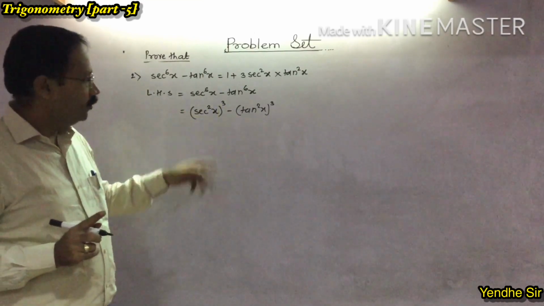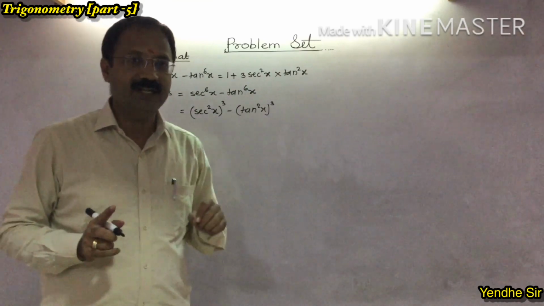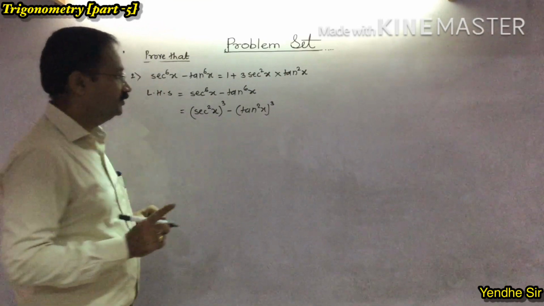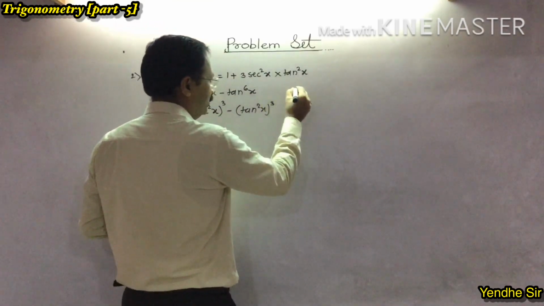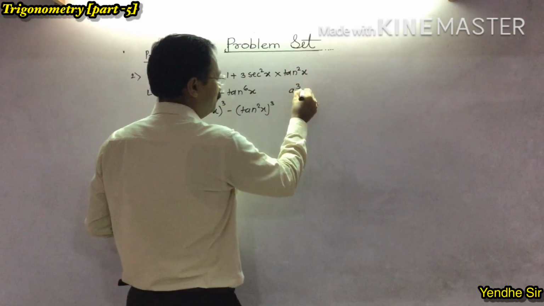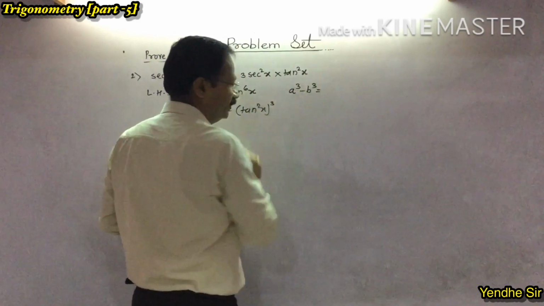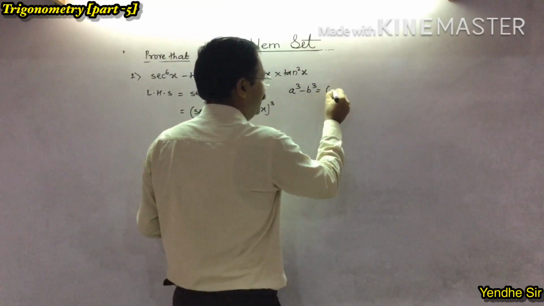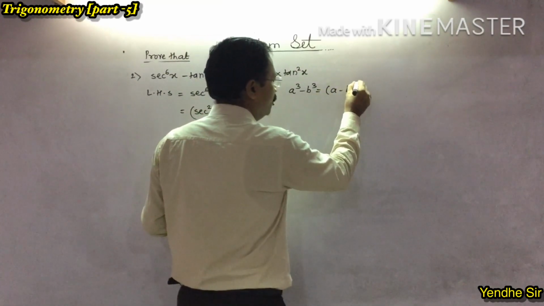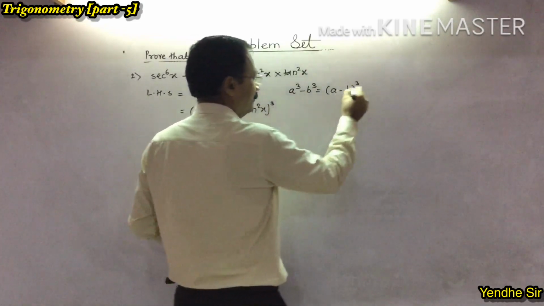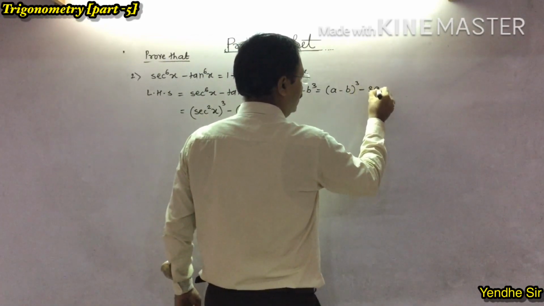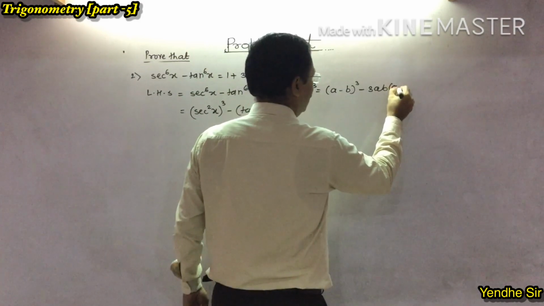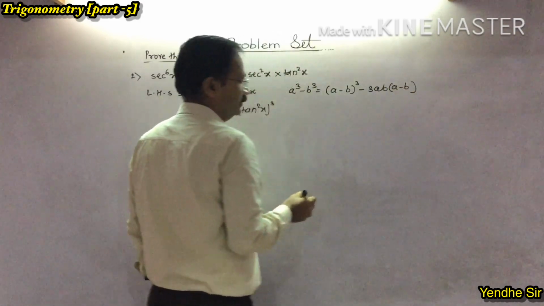Is it clear? Okay. So in 9th standard, you have seen this formula. Let me tell you this formula: a cube minus b cube. Have you seen it? What is this formula? It is very simple. a minus b the whole cube minus 3ab in bracket a minus b.